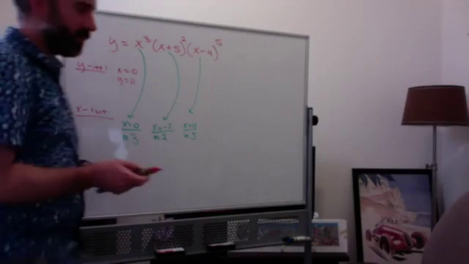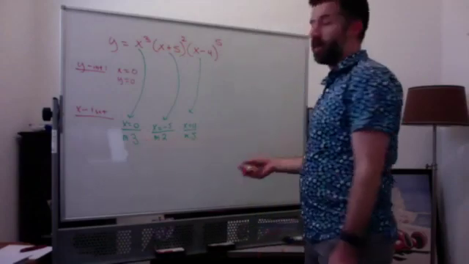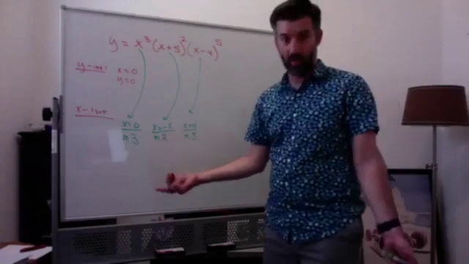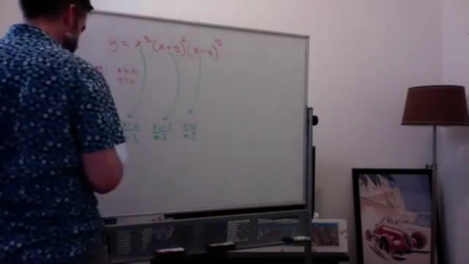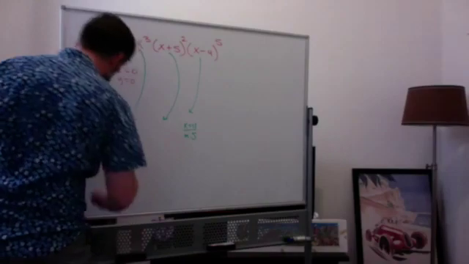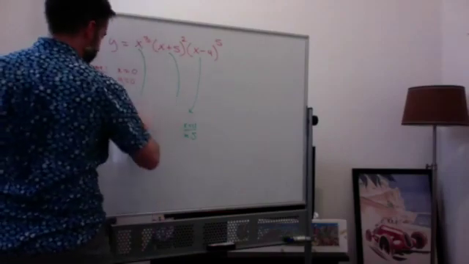And then we're going to start graphing it. So we know it's going to cross, it's going to bounce, it's going to cross. It probably would be a good idea to write these in order from least to most. So it might be more helpful to write -5 first and 0 second, just because then when we're graphing it, it's easier to see what's happening.